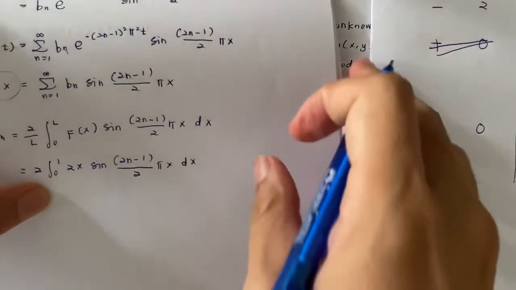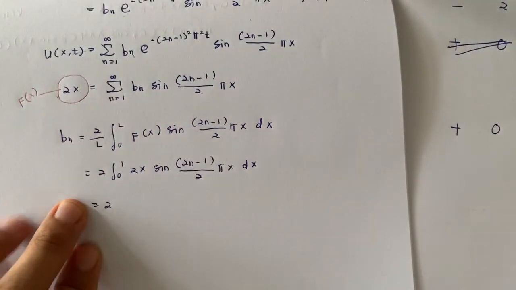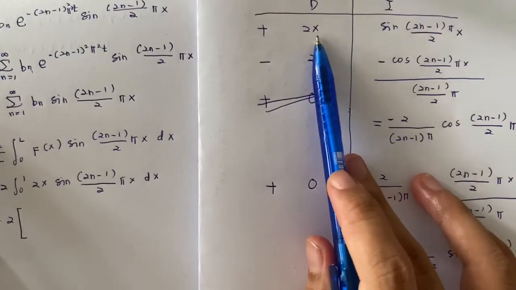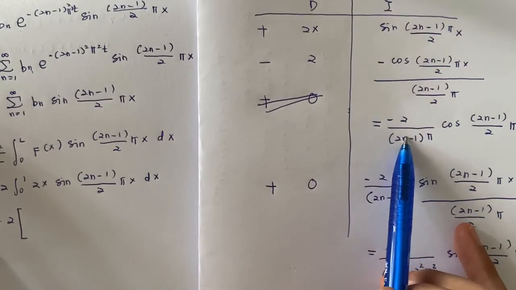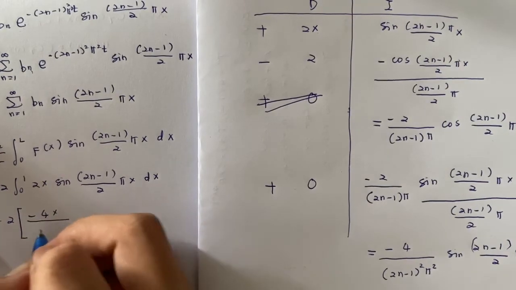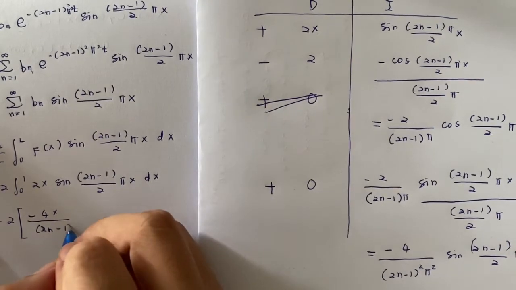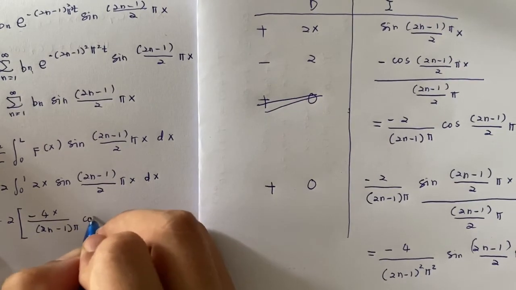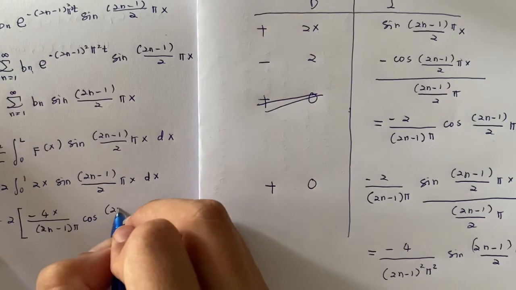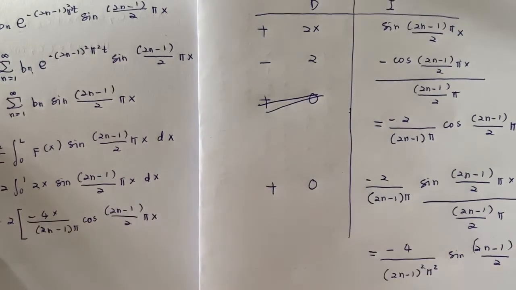So substitute here, you have 2, and then 2x multiplied by this term. Okay, so you have minus 4x over (2n minus 1) pi cos((2n minus 1)/2 pi x).